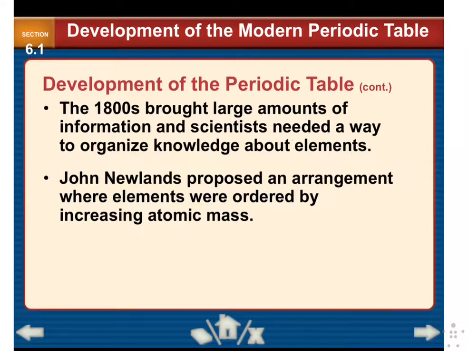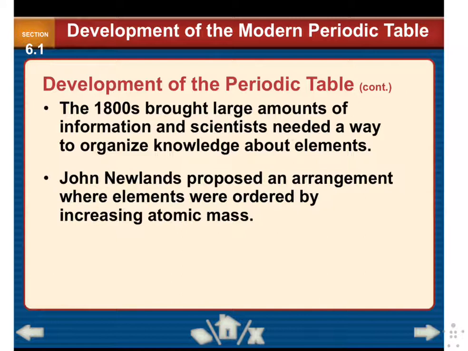Those 33 elements were it until the 1800s brought a lot of scientific advancement, technological advancement, and so scientists started discovering more elements at that time, and they needed to find a way to organize all of the knowledge that they had gained about elements they knew about before and these new elements.